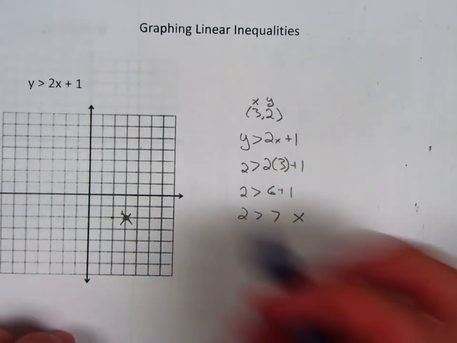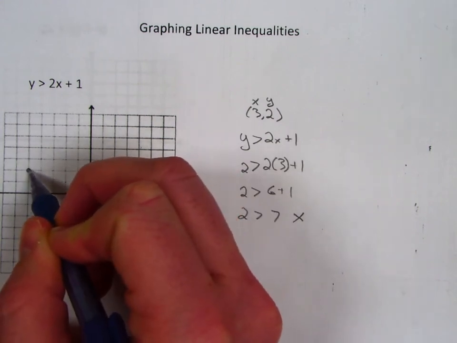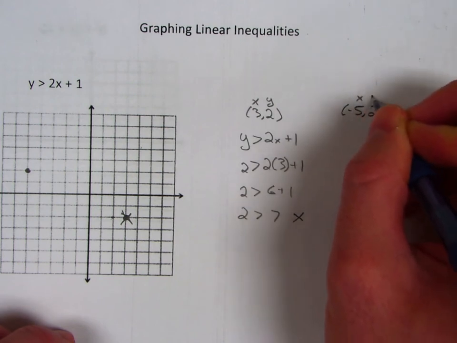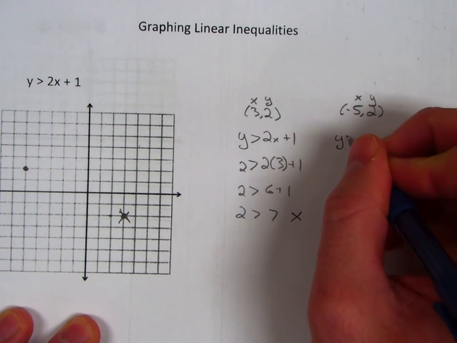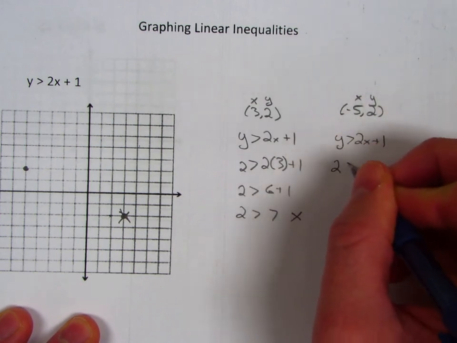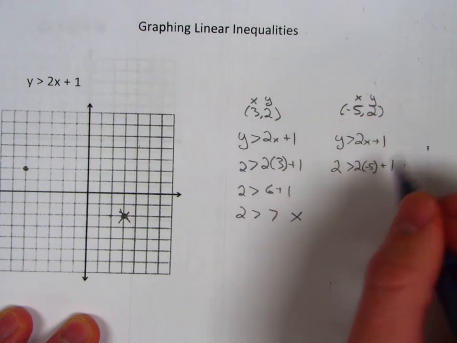And so let's pick a different point. Let's pick this one right here, (-5, 2), and let's do the same process. So I'm going to put them into my inequality of y is greater than 2x plus 1. 2 goes in for y, and -5 goes in for x.